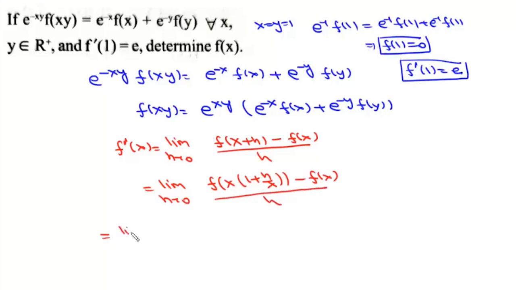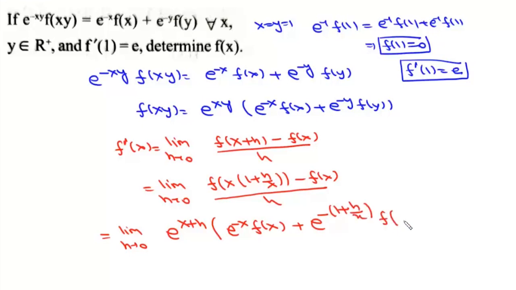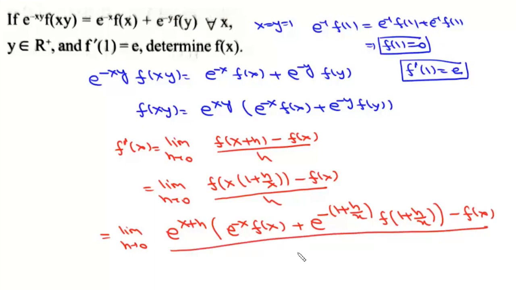Now this is f(xy), and f(xy) is e to the power x plus h, into e to the power minus x f(x) plus e to the power minus 1 plus h upon x into f(1 plus h upon x) minus f(x), whole divided by h, and that's your f dash x.